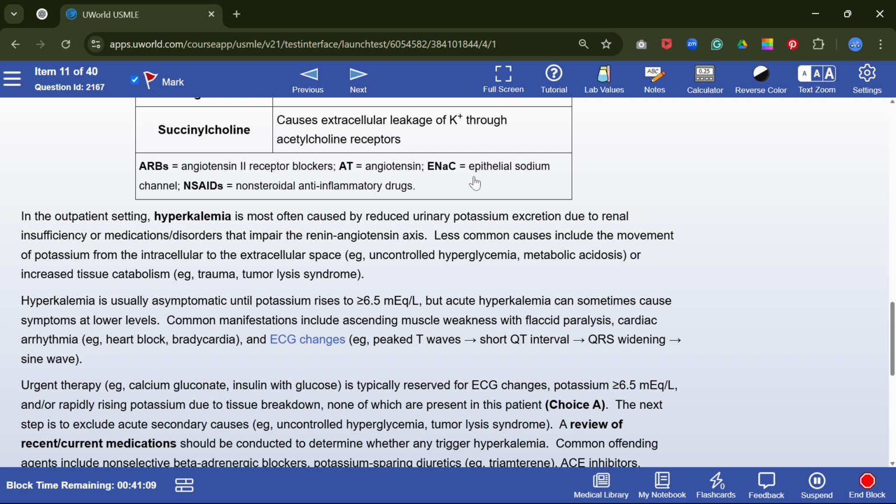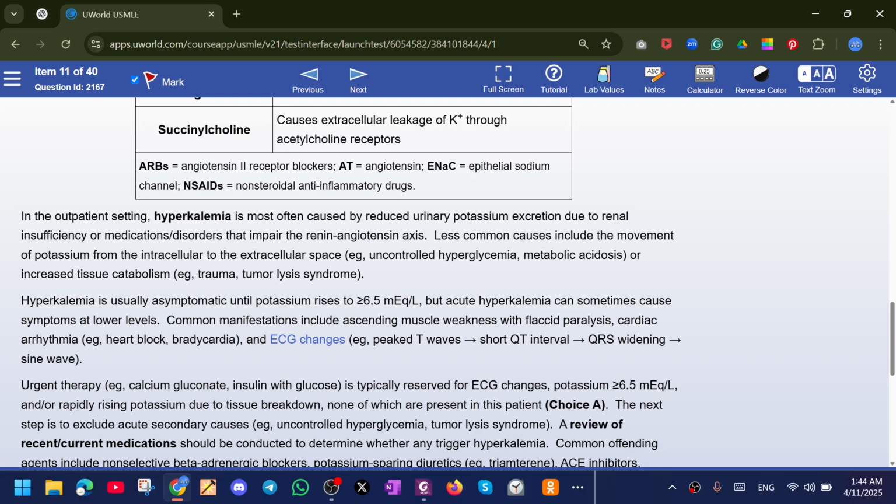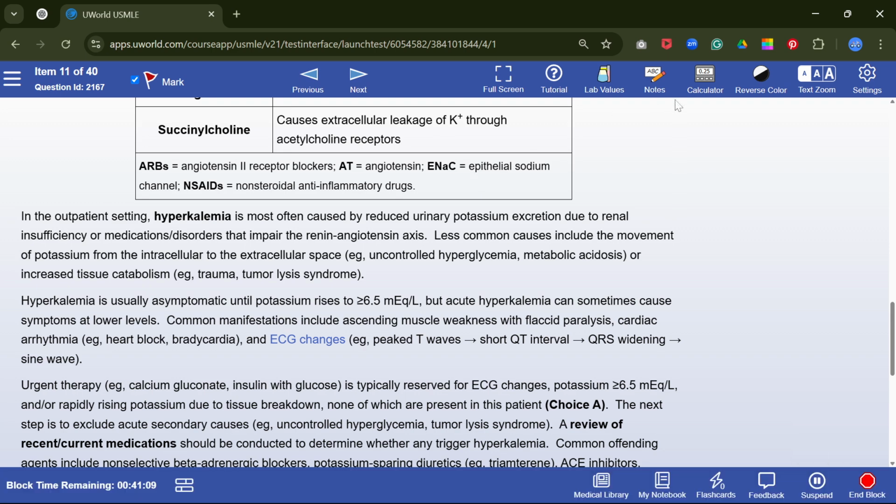Hyperkalemia is usually asymptomatic until potassium rises to more than 6.5 milliequivalents, but acute hyperkalemia can sometimes cause symptoms at lower levels.